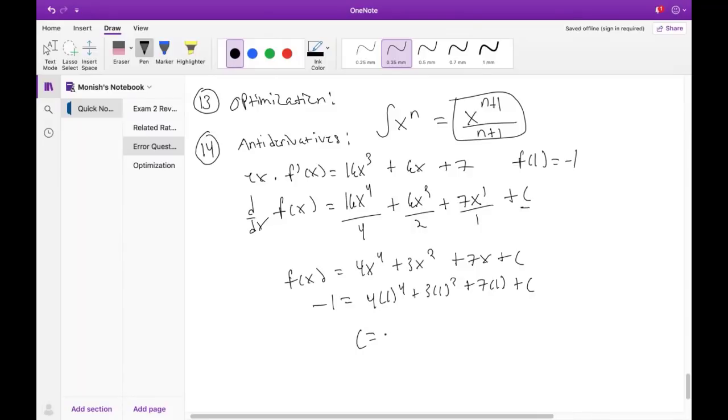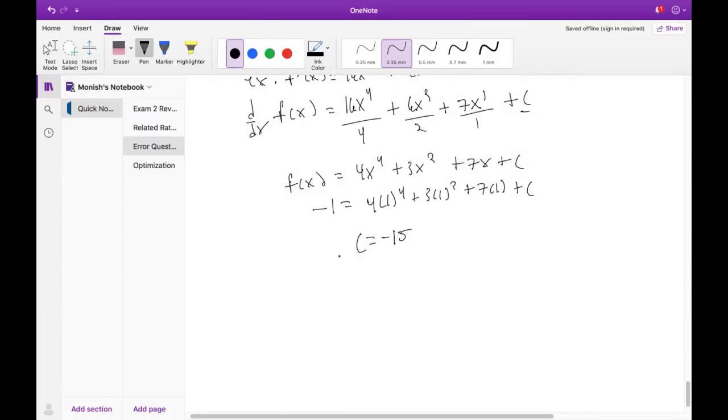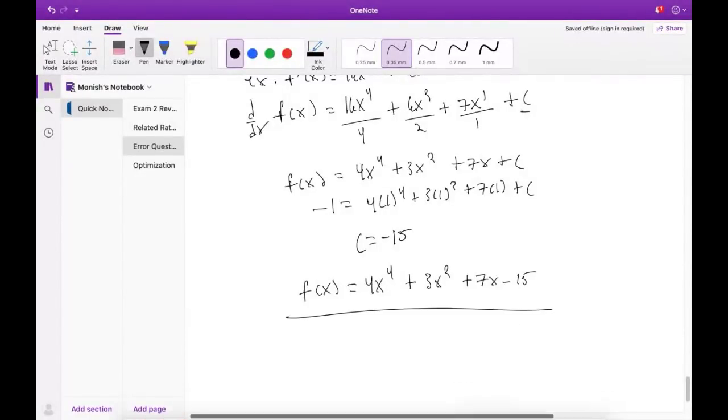So c is basically, if you move everything over, you'll get c as -15. Then you have to rewrite your entire f of x equation. 4x to the 4th plus 3x squared plus 7x minus 15. Okay, so that makes sense, right?